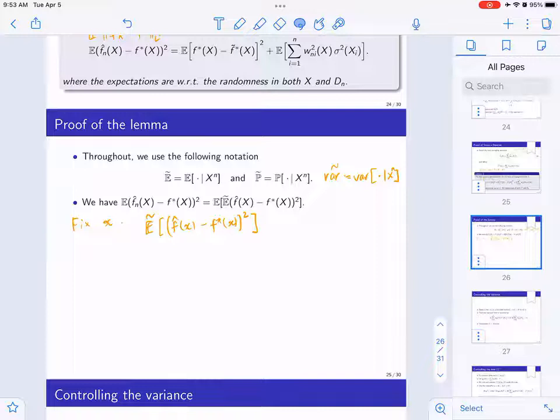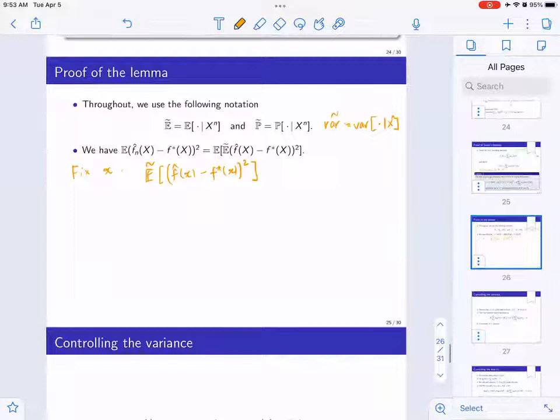So this is deterministic here. Let's calculate, maybe. Let me do the mean first. It will help. Expectation tilde of f hat of x. There's an n here, I'm going to drop it for simplicity.